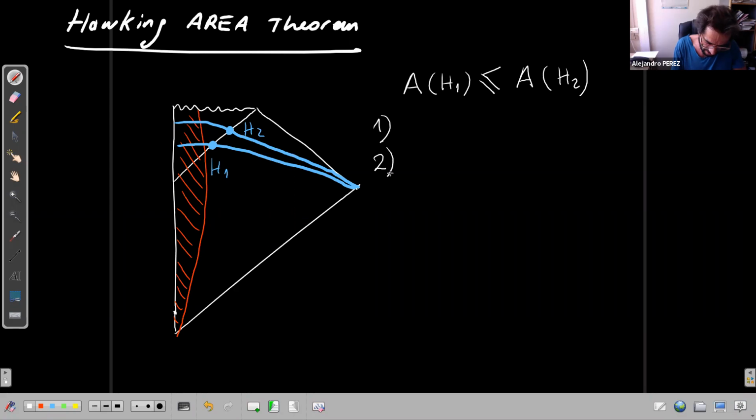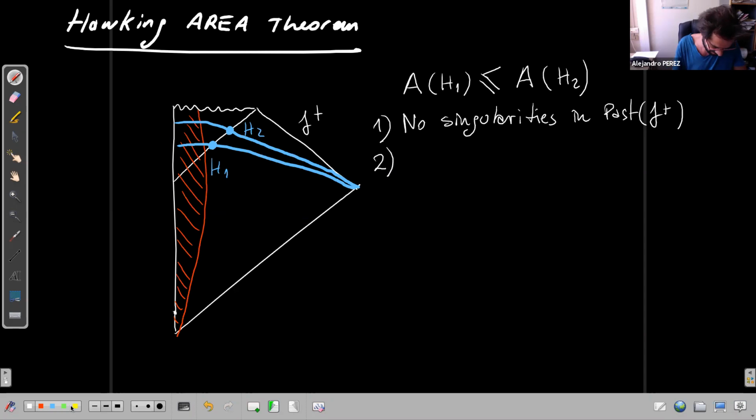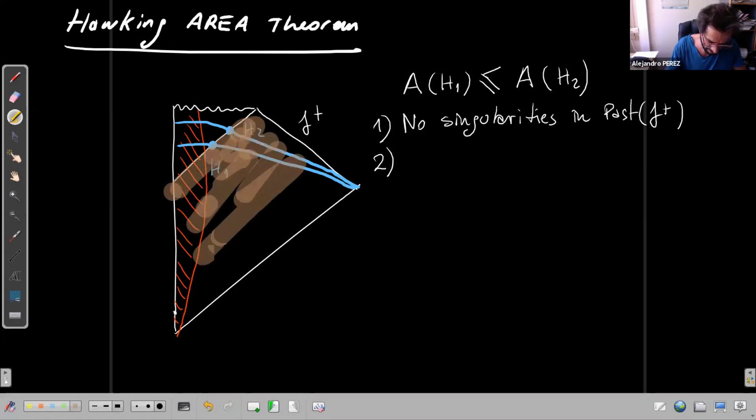The two basic ingredients are, first, that you assume that there are no singularities in the past of scri plus. So you assume that all this is singularity free, that there are no singularities outside of the black hole, and that condition is called asymptotic predictability, or strong asymptotic predictability.